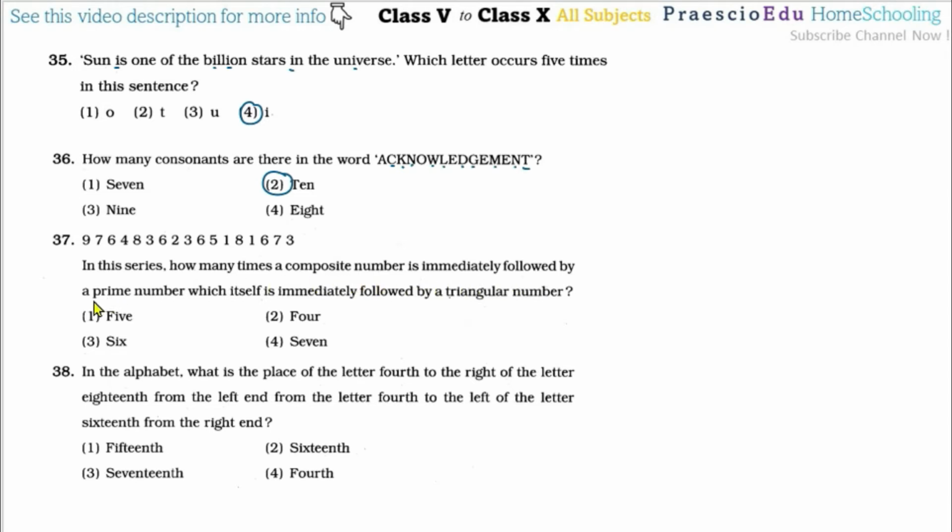Then question number 37: in this series, how many times is a composite number immediately followed by a prime number which is itself immediately followed by a triangular number? This composite number 9 is followed by a prime number and then by this triangular number 6. So 7 6 9 7 6, this is one group. Like this, here 8 is a composite number, then a prime number and then a triangular number. Then again this composite number, prime number and triangular number, which is 651. Then this 623 also, this 3 is also a triangular number, so this is also a group. Then this triangular number 3, this prime number and this composite number, that is, composite number, then prime number, and then triangular number.